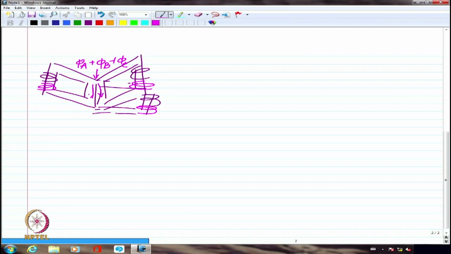This has to be 0 if I am looking at this as a balanced 3-phase current passing through a 3-phase winding. So I'm going to have essentially this flux to be 0.